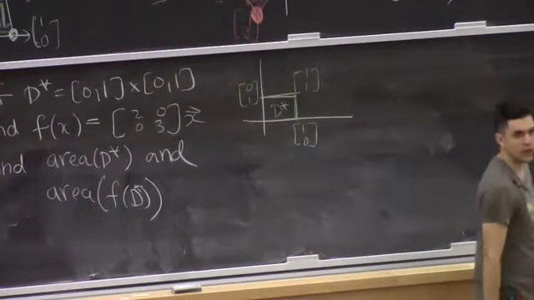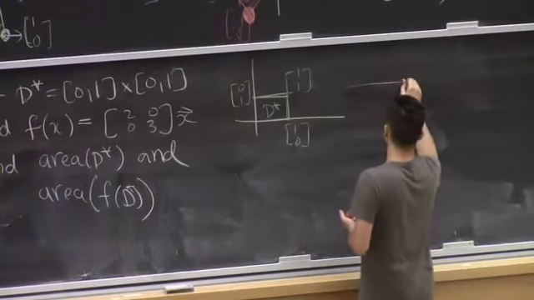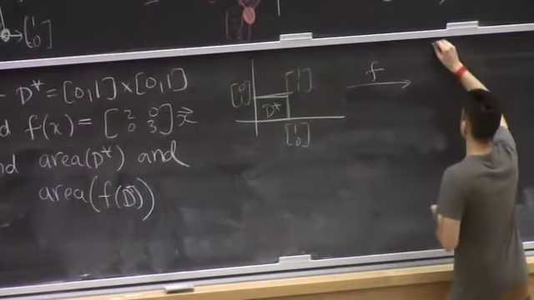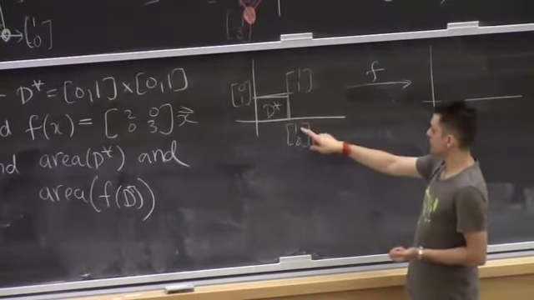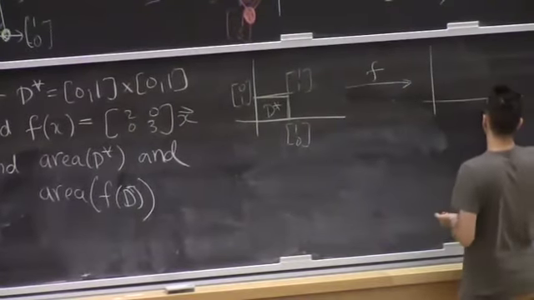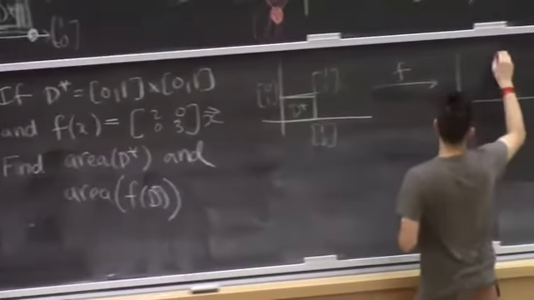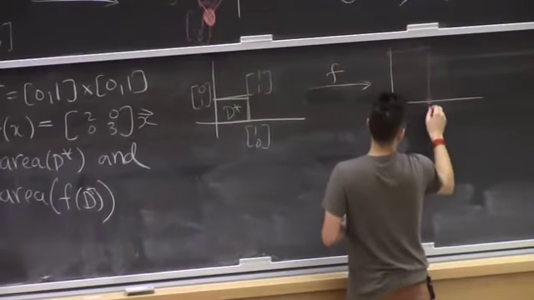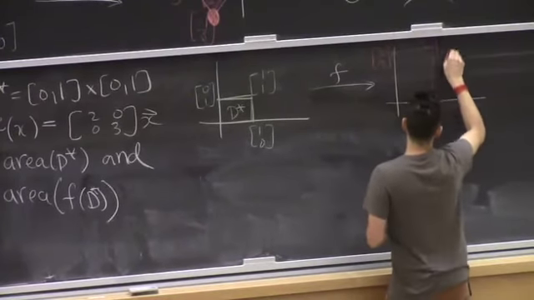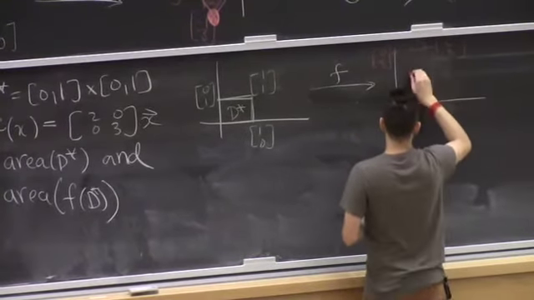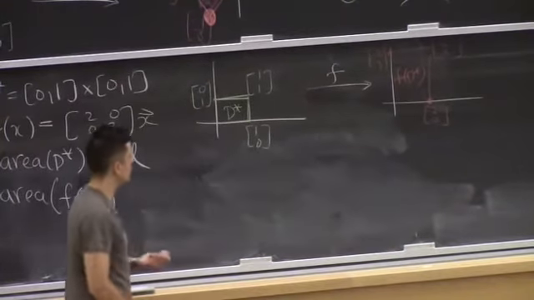Okay, there's our region D star. And when we apply our function, that will distort the region D star a little bit. So this guy here will get sent to 0, and this guy here will get sent to 0, 3. So there's f of D star.